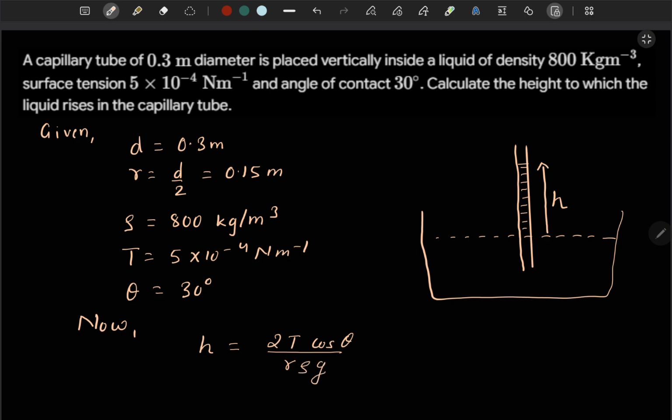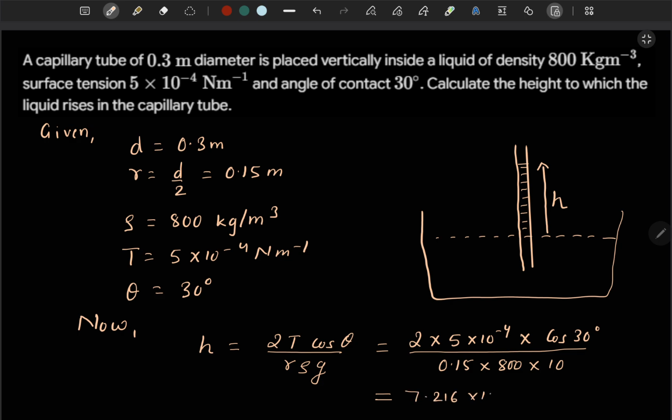Putting these values, 2 into surface tension 5 into 10 power minus 4 into cos 30 degree angle of contact by radius 0.15 into density 800 into g, value of g 10, and on substituting these values and solving, we get the value as 7.216 into 10 power minus 7 meter.